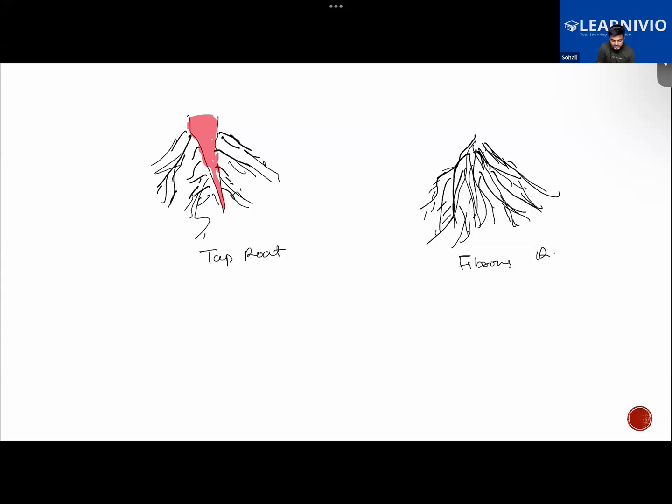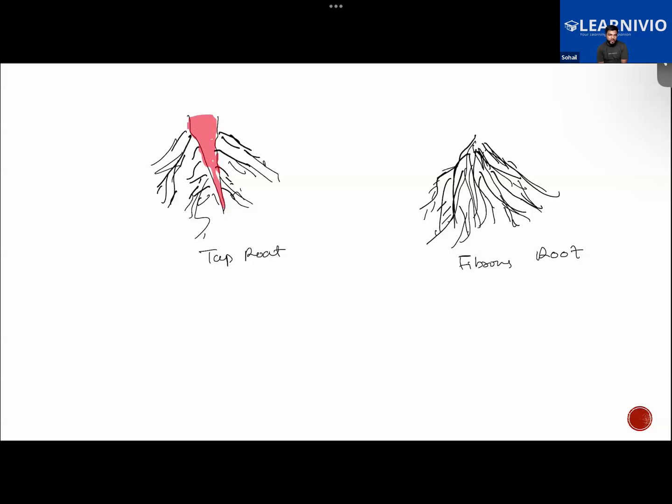So the first thing we should be learning about is what a root is, what its functions are, and how it performs its function. How does it absorb essential minerals and essential salts? Some roots, like the carrot's root, are tap roots, and others like a banana plant, bamboo or grass, the most common example, have fibrous roots.